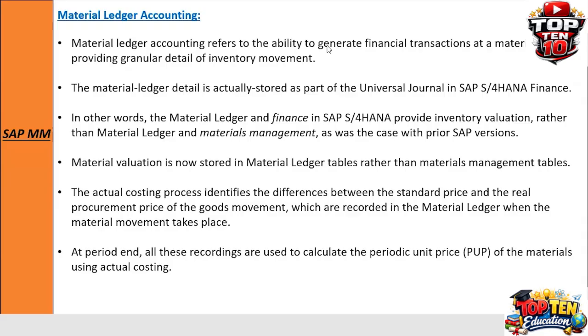Later on we have one sub module of materials management, that is inventory management. In inventory management, we will do the movement of goods from one place to another. It can be receiving of the goods, it can be issuing of the goods. Whatever movements we do, we will make an entry for that.